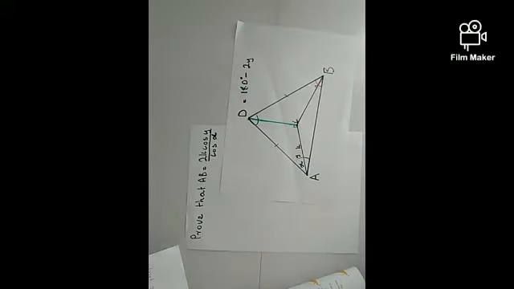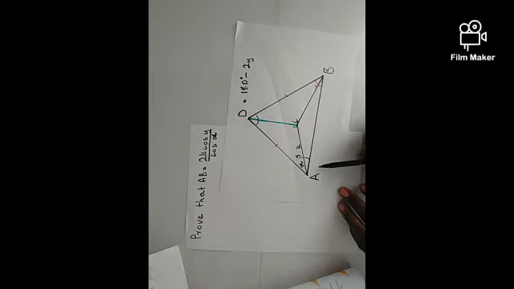So the next step says start with the triangle which has a given length. So we are looking for AB. So this length, we are given length AC.